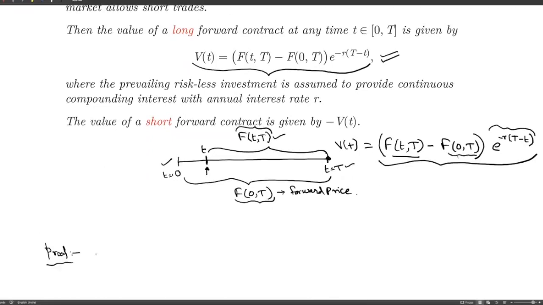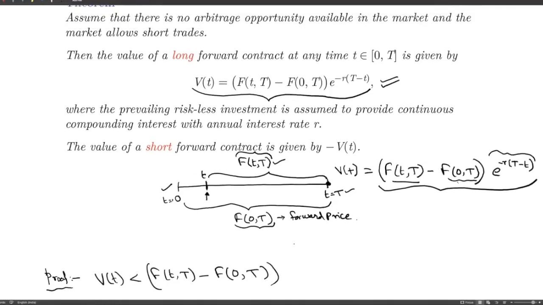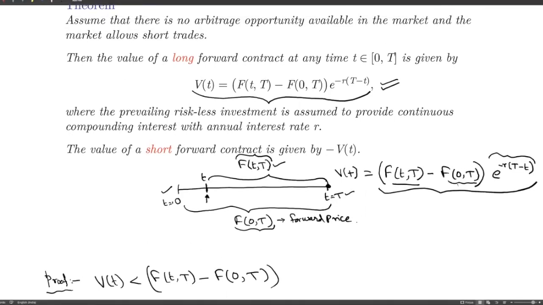What you do is assume that V of t is less than f of t comma capital T. See, this idea is the same, but you have to carefully build the trading strategy, and then thereby your portfolio has to be framed very carefully so that it becomes an arbitrage portfolio. That is the only idea involved in all these theorems. And we have assumed that the market is not having any arbitrage opportunity, and shorting is allowed with fractional volumes.